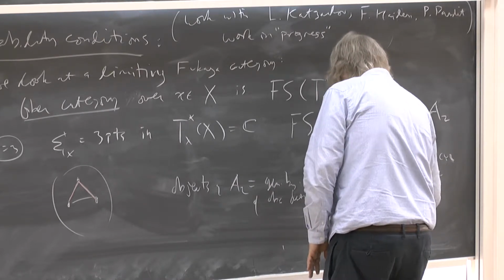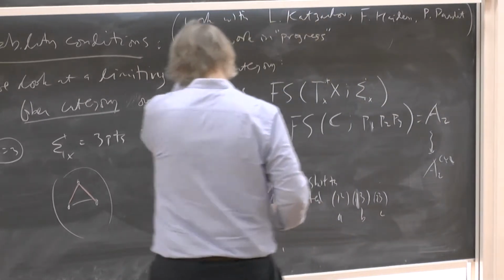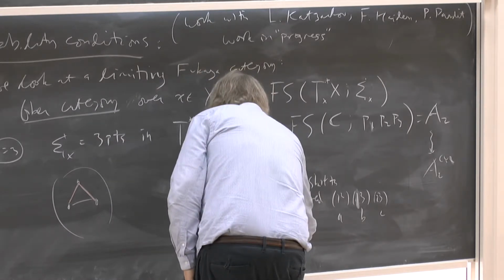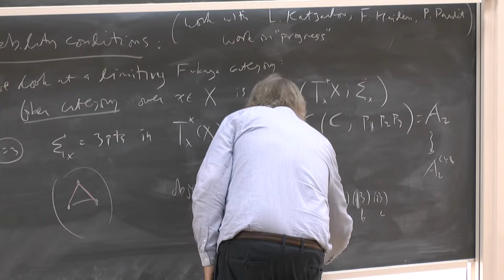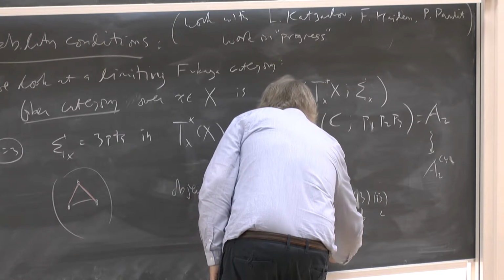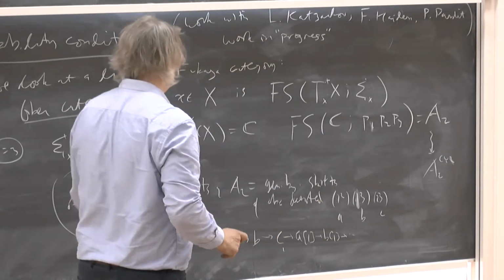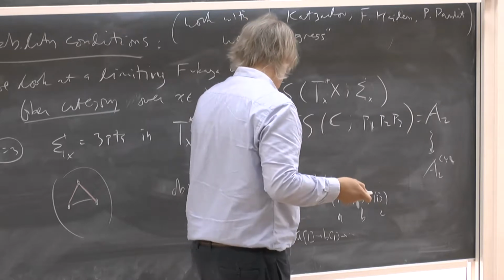We'll call this little a and little b. And the defining feature of this category is that we have an exact triangle. So basically this A2 category is the smallest category, you might say, that has an exact triangle like that.